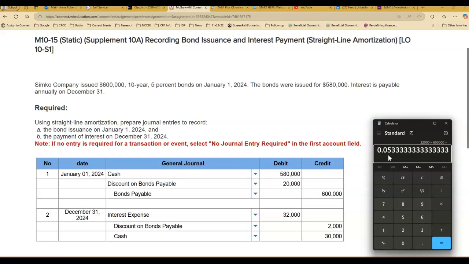Okay? So when the interest rates were higher when we issued, this is where that gets reflected, in how much interest expense we have to record. It does not, and I can't overemphasize this, it does not affect how much cash we pay out for interest.